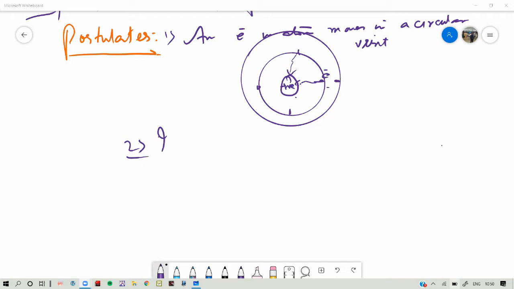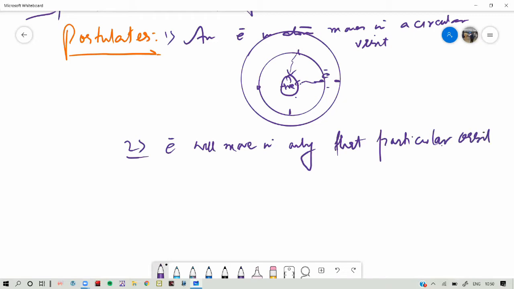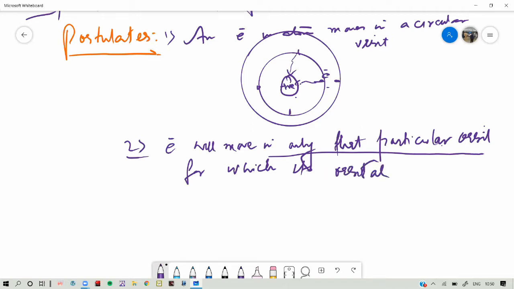So he said that the electron will move only in that particular orbit for which the orbital angular momentum L is equal to n times h by 2 pi, where n is a positive integer.